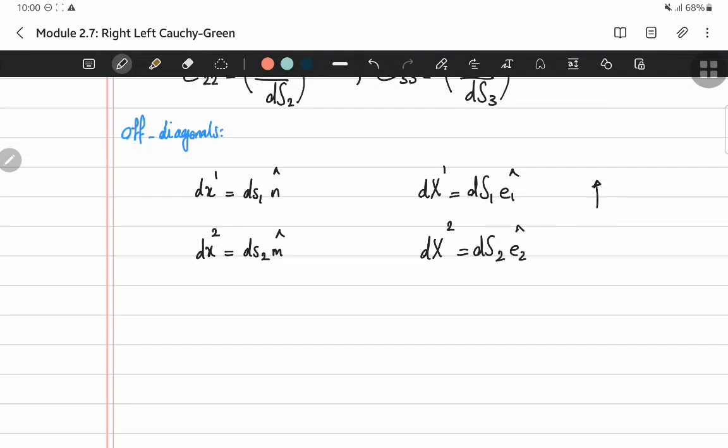So here we have E1 and E2. Initially they are perpendicular to each other, but in the current configuration, they are not necessarily perpendicular.